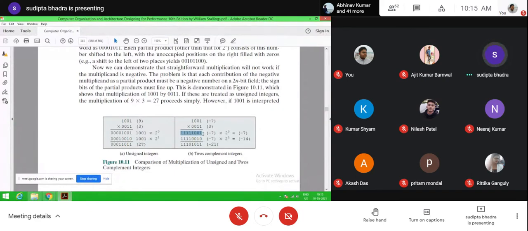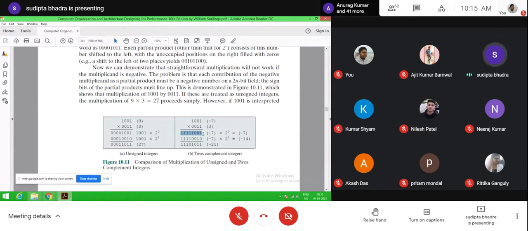For each and every partial product, if a 4-bit number is multiplied with a 4-bit multiplier, the result will be 8-bit, so the partial product will also be 8-bit long. Please see that after the multiplicand, the left part is all filled up with ones.